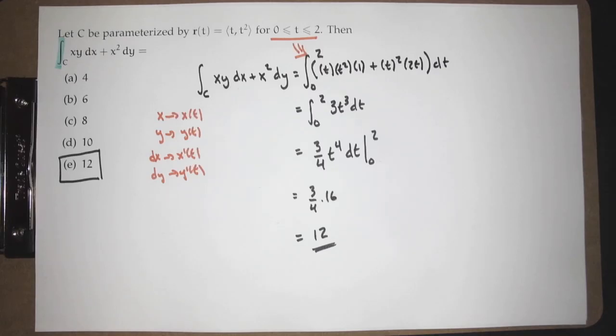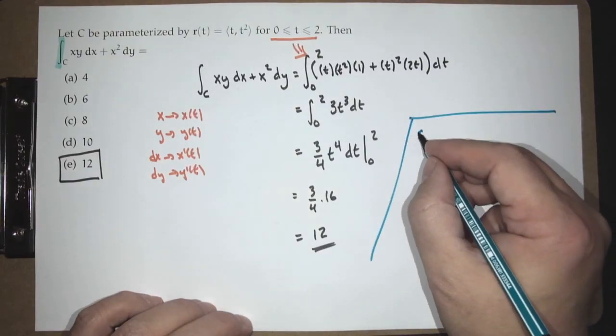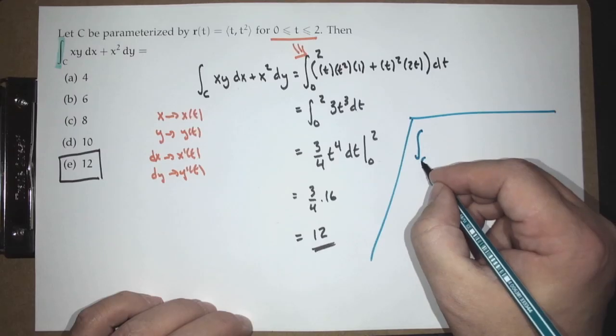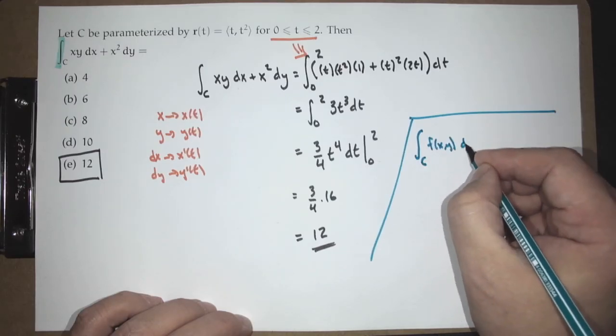Any questions? Yes, I see a question. Why didn't you do the thing where you take the derivative and then have the square root of 1 plus y prime squared dt? Okay, so there's a question you might have thought about last time. Didn't we talk about last time this integral along a curve of f of x, y ds?